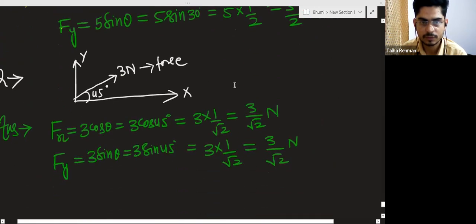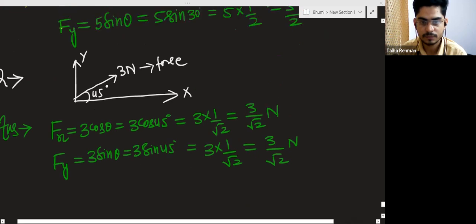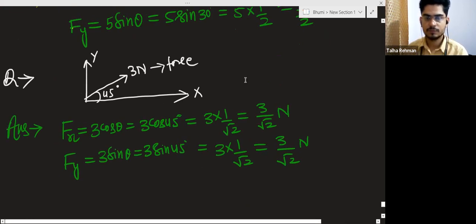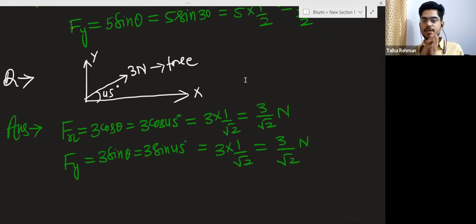So please copy this one. We have to take the components along either on the x-axis or on the y-axis.